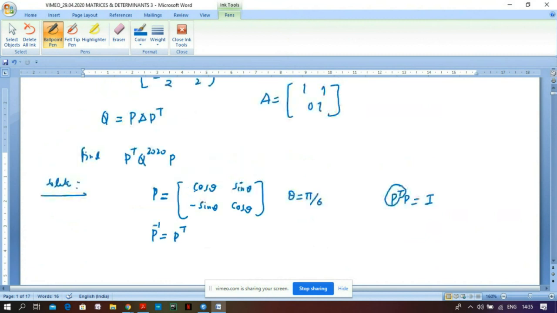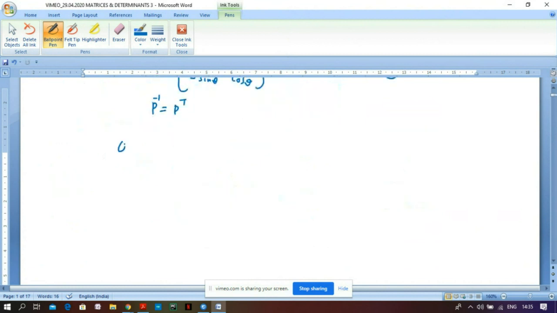Armed with this, let me simplify Q a bit. Q is given to be PAP transpose. I retain P, and P transpose I replace with P inverse. So Q is PAP inverse. Now I want to take out A. So I pre-multiply with P inverse and post-multiply with P, on both sides.